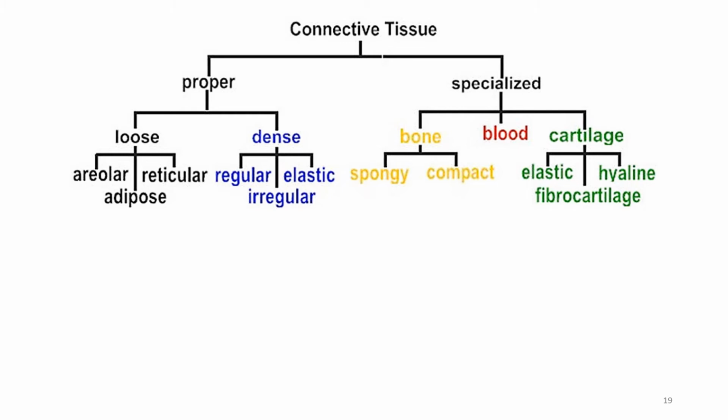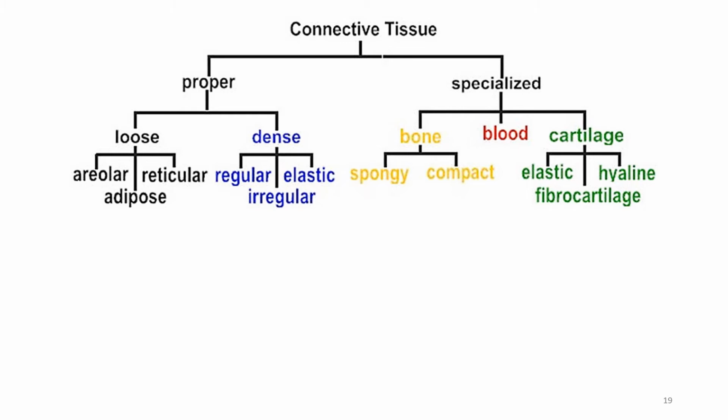We can also have dense proper connective tissue. And this is more about tendons and ligaments, so it's dense. It might be elastic, and it has a more sort of dynamic function, if you like.